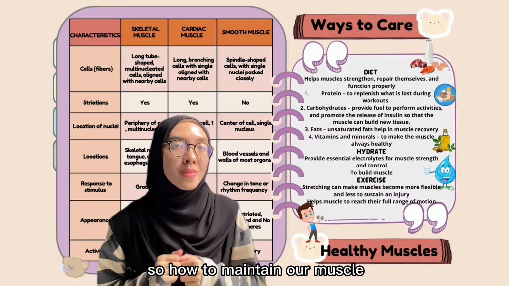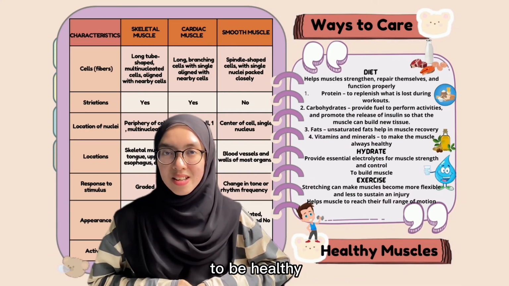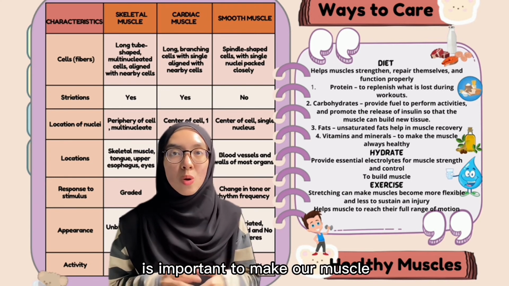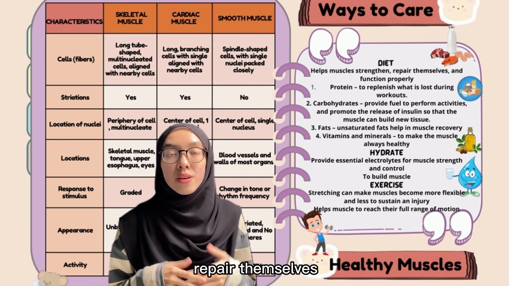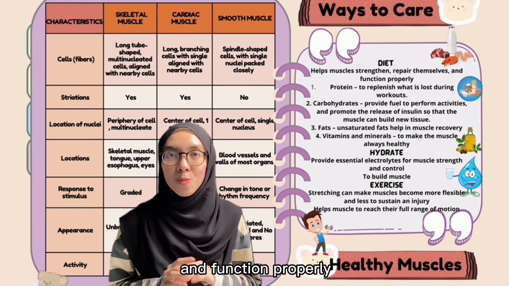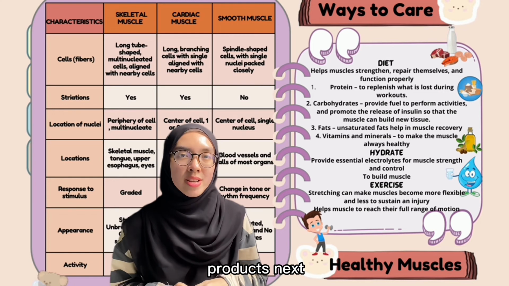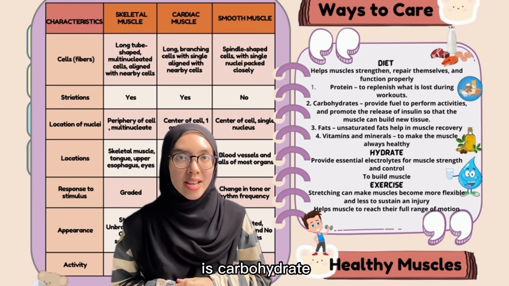So, how do we maintain our muscle to be healthy? First, diet. A healthy diet is important to make our muscle become healthy, repair themselves, and function properly. For example, meat, egg, and milk products. Next is carbohydrate.